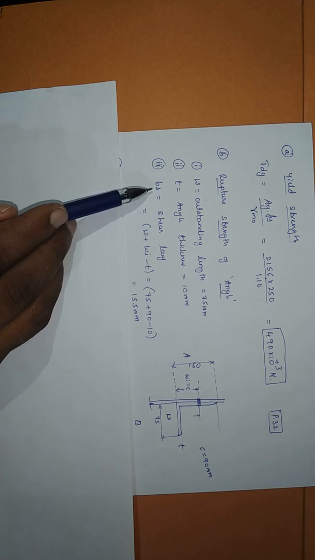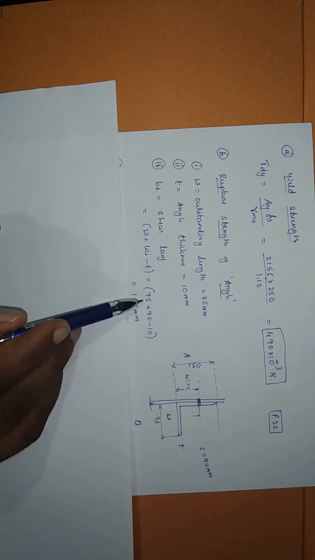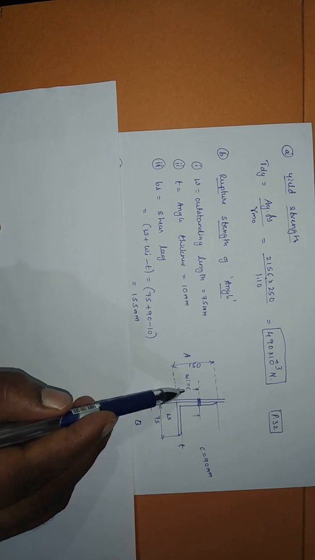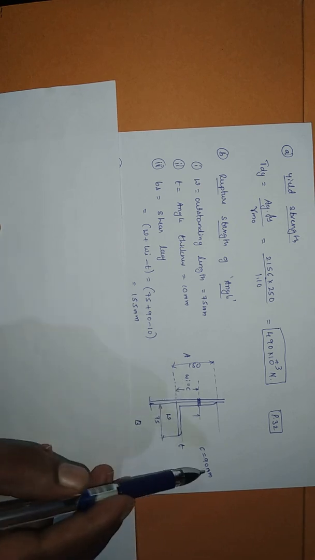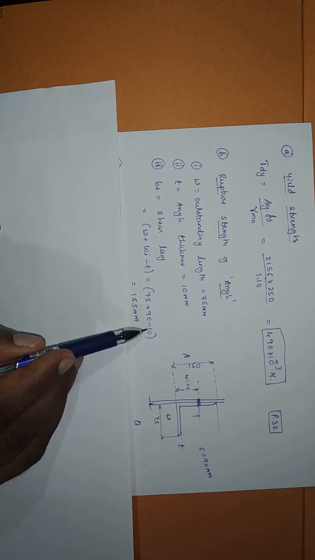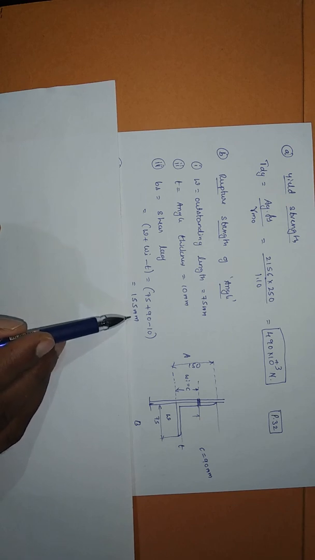Next we calculate Bs, shear lag. The formula is W plus W1 minus T. W is 75 millimeter plus W1, which equals C, 90 millimeter, minus thickness of the angle 10. The shear lag value is 155 millimeter.